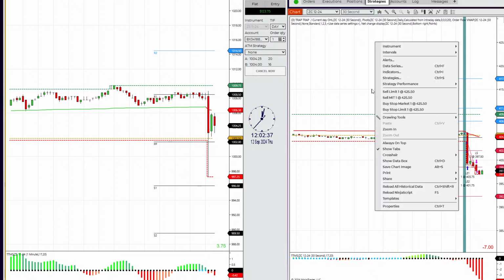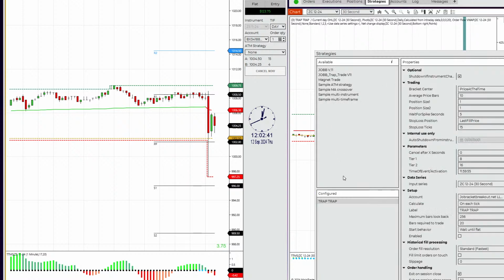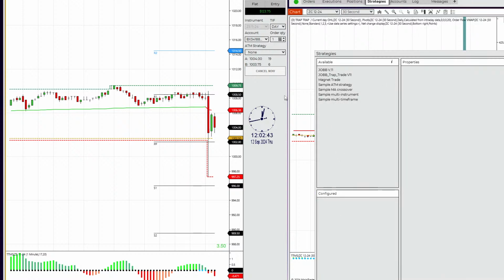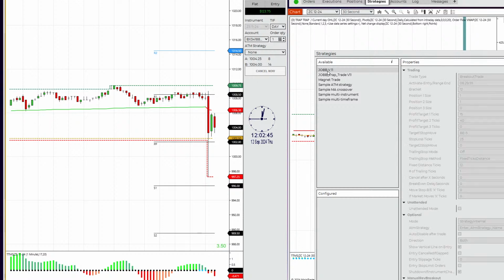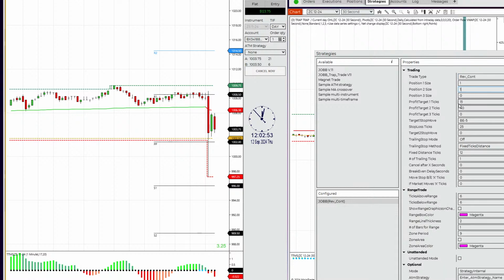I'm really tempted to get rid of my trap. I don't like to chase reversals, but I'm just going to look at one position, 15 ticks, 15 stop.